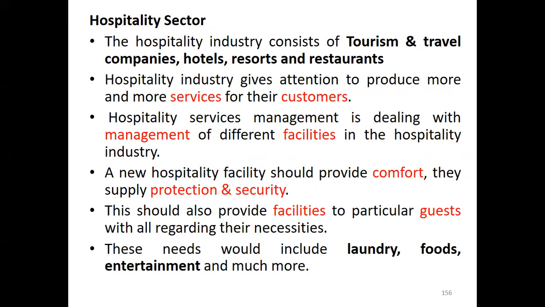This is one of the emerging sectors in India contributing to its economic growth. Hospitality is an emerging business where we are providing facilities to people, and through providing these facilities, we generate revenue.